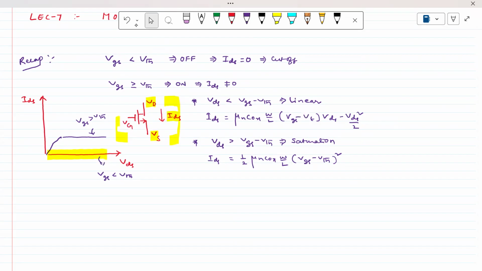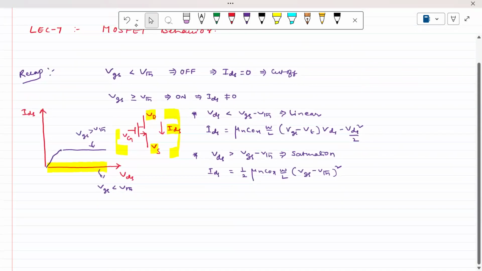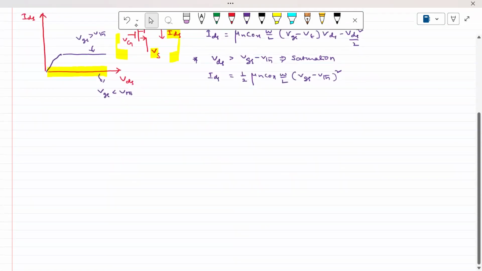By the way, you can understand that whatever quantities we talk about here, for example VG, VD, VS, and VTH, and IDS, are all positive quantities.